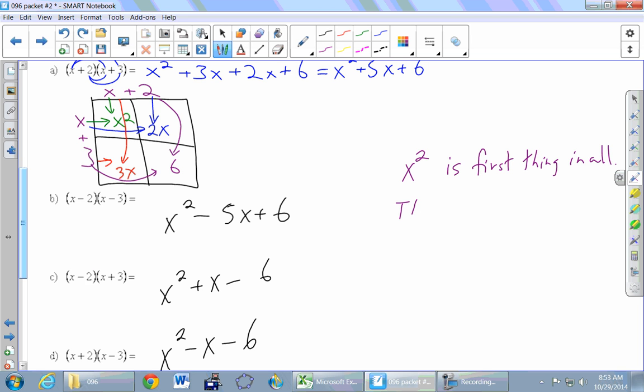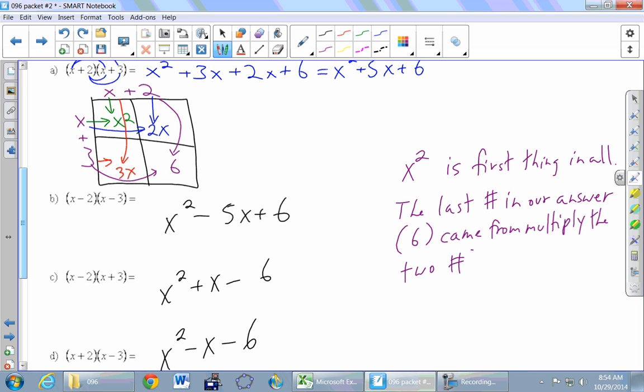So I'll say the last number in our answer, which I'll put in parentheses here, it was either 6 or maybe -6, came from multiplying the 2 numbers in the parentheses. And I'll just put the specific numbers from this problem were 2 and 3, possibly with some negative signs floating around.